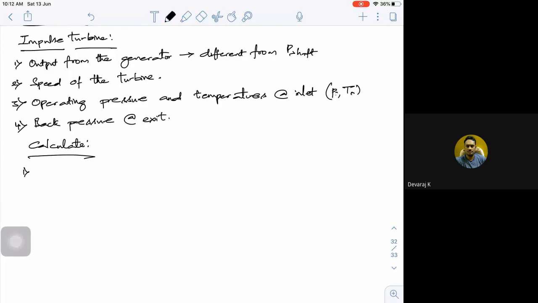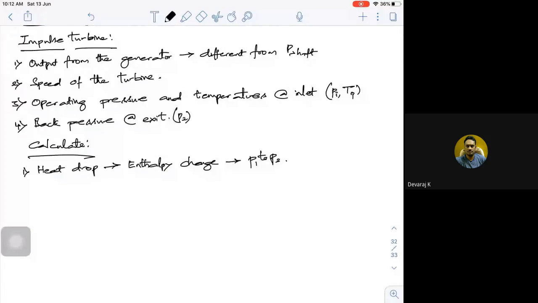Now once I know that, I'll be getting the enthalpy drop or the heat drop, that is in terms of the enthalpy change. This is mainly because between your inlet and your exit pressure, if I call this P2, this P1.